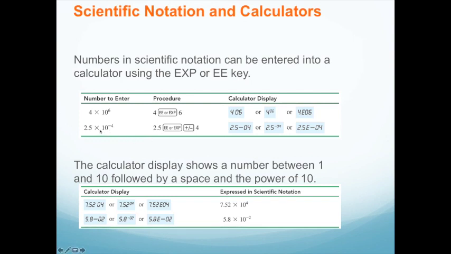Likewise, if you wanted to do 2.5 times 10 to the minus 4, you would type 2.5 EE plus minus to add a negative sign and then the number 4, and it would be shown like so.